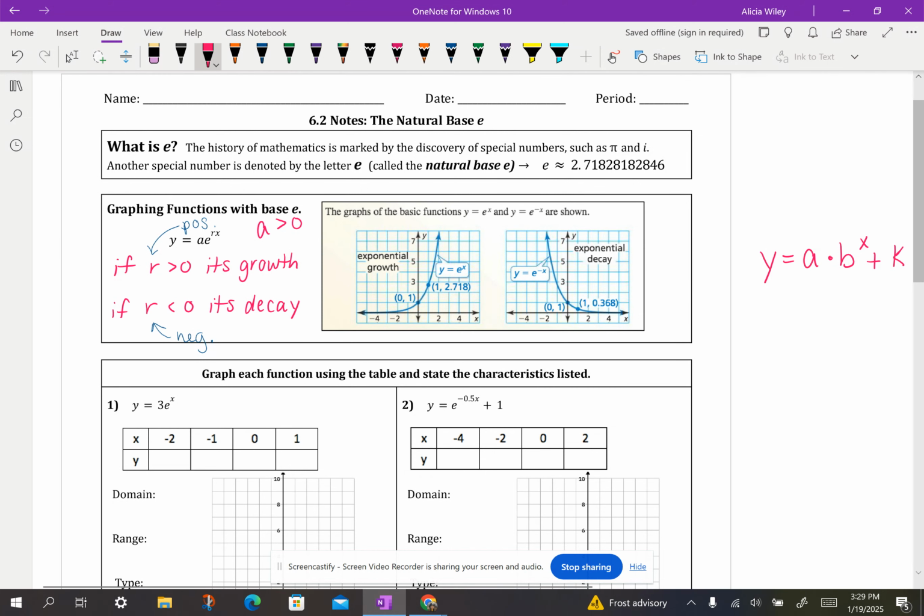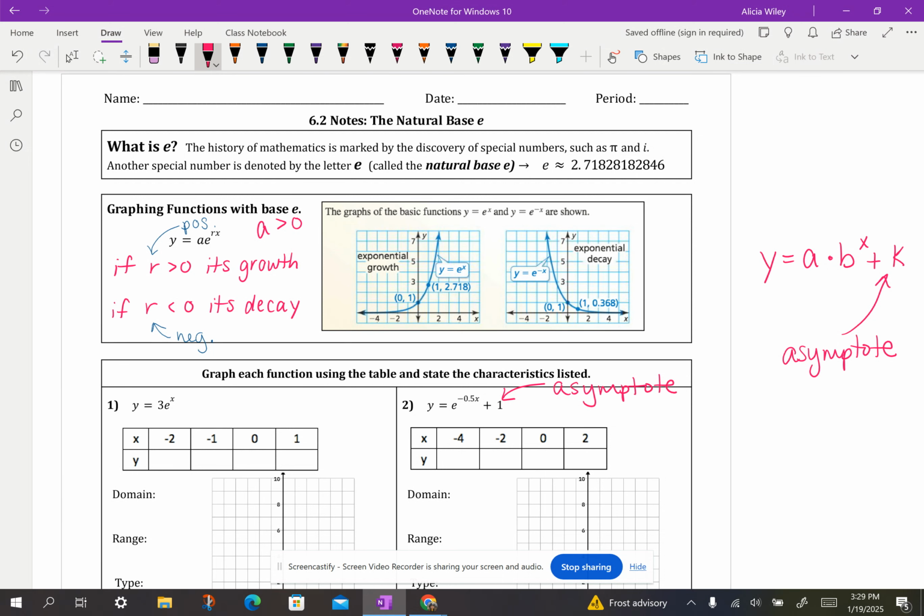And that number is going to help to determine where your asymptote is going to go, just like it did before. So you can see right here, this value of 1 is telling you that your asymptote is not going to be at y equals 0. It's going to be up 1, so at y equals 1.